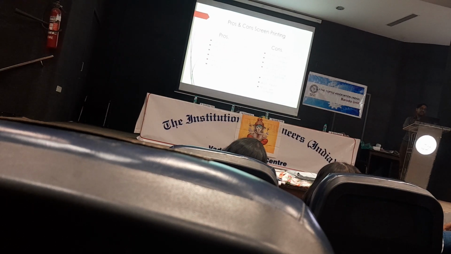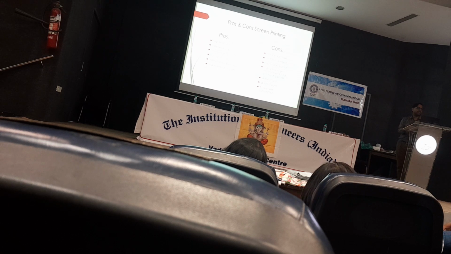The pros and cons of screen printing. The pro of screen printing is high production. We can get high production from screen printing, from rotary and flat bed, but rotary gives far higher speed production.